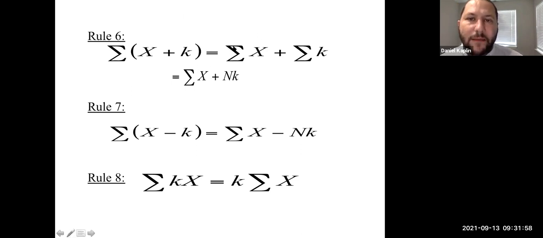So let me stop my share and pause the recording, right? Because what I'd like to do now is go into an actual spreadsheet and prove these rules to be either equal or non-equivalent as we go. All right, so give me a second and I'm going to pull that up.